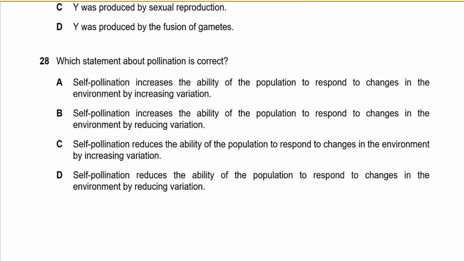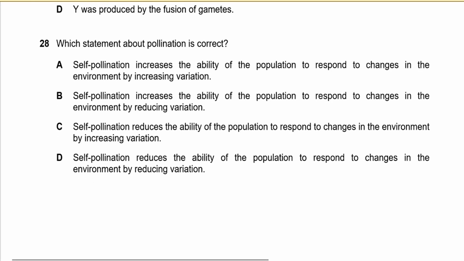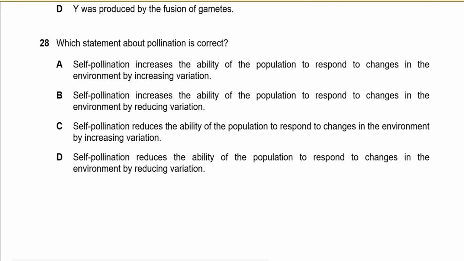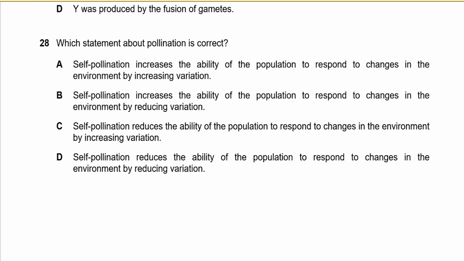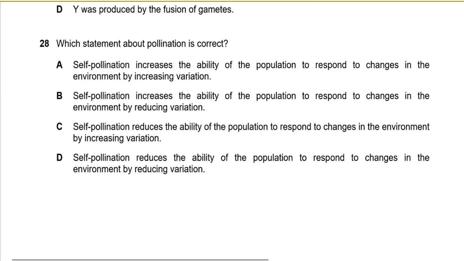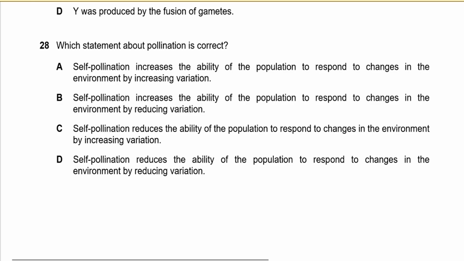So if we are reducing variation, it means we are also decreasing the ability to respond to changes. Self-pollination reduces the ability of a population to respond to changes in the environment by increasing variation. It does reduce ability, but because it reduces variation also. Self-pollination reduces ability of a population to respond to changes in environment by reducing variation. Yeah, so it is D.